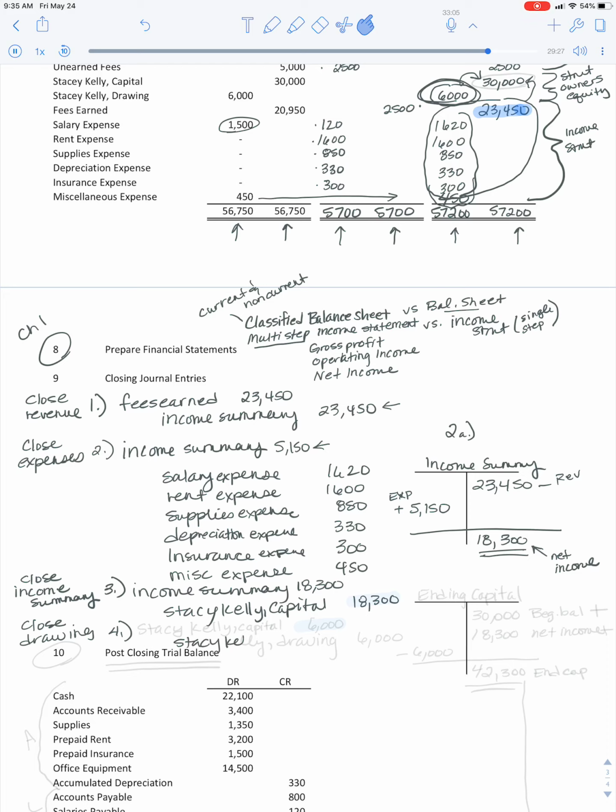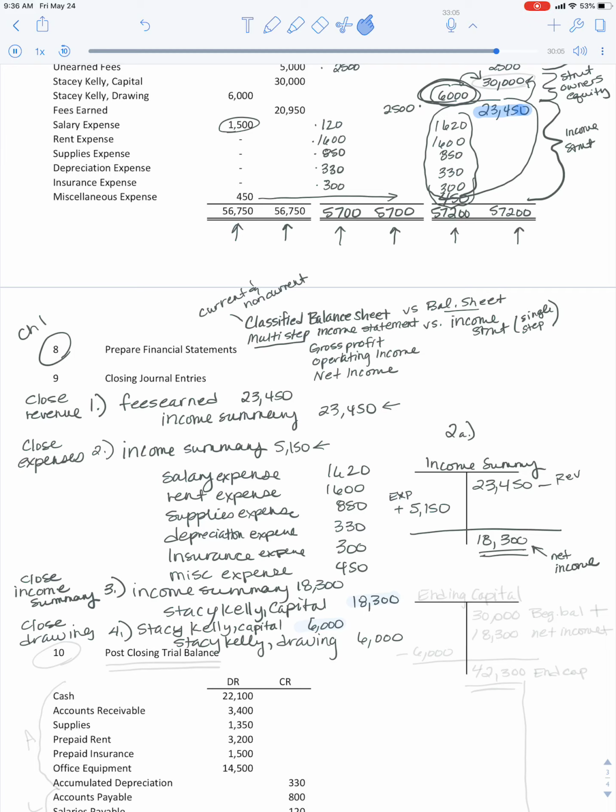Stacy Kelly drawing, $6,000. And we're going to put it, so now drawing is 0. We're going to put it in the capital account. And you see, since we were debiting the capital account this time, we are reducing capital by the drawing. So that makes sense. If your owner takes money out of the company, then it should reduce their capital account. So by debiting capital, capital goes down.